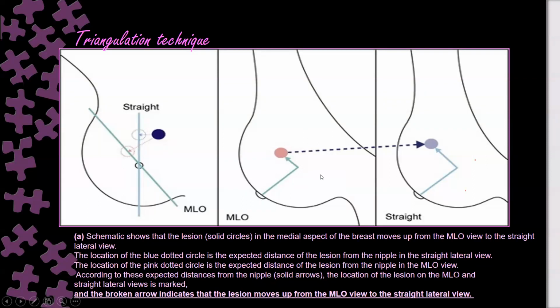When we repeat the straight, look for this distance. You take it, and when we do the straight, that is the lesion, that is the distance. You see? It moves up from mediolateral. Is it clear? On the medial aspect.